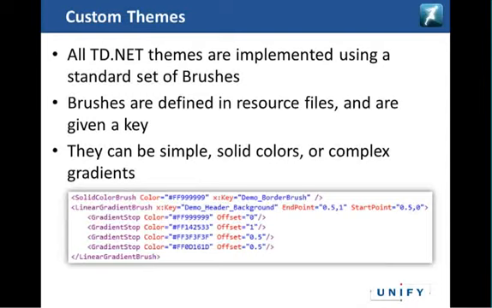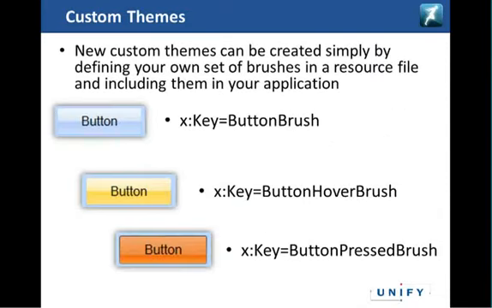So if you look at this screenshot on the bottom, there's what's called a linear gradient brush, where you provide as many RGB values as you want to create a gradient fill. So all of our runtime objects are filled using a standard set of keys that we define.